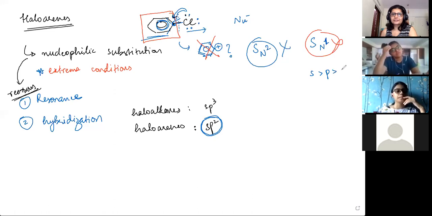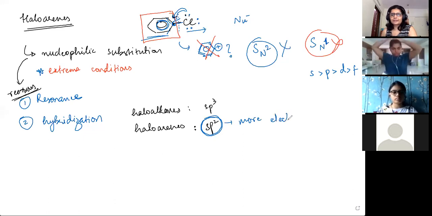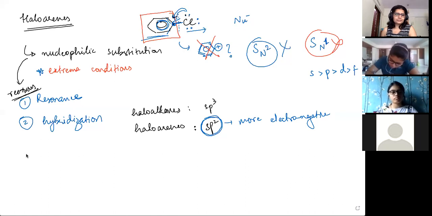S has the highest electronegativity, so more s character in sp2 means this particular carbon is more electronegative. That means the bond is going to be stronger, which adds to the difficulty of bond breaking. So the difference in hybridization also plays a role; the nature of the bond itself is different.